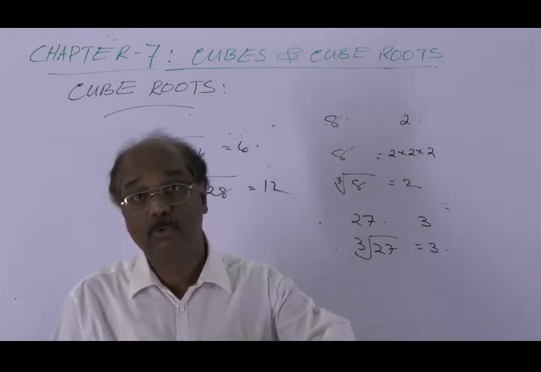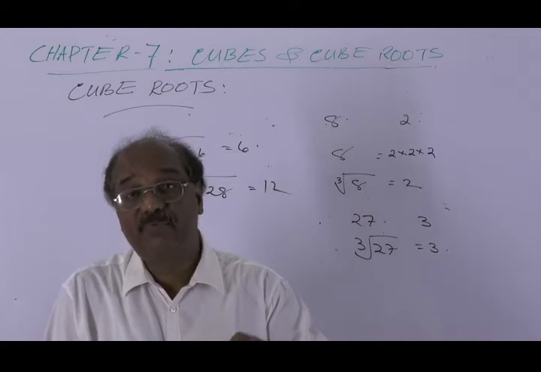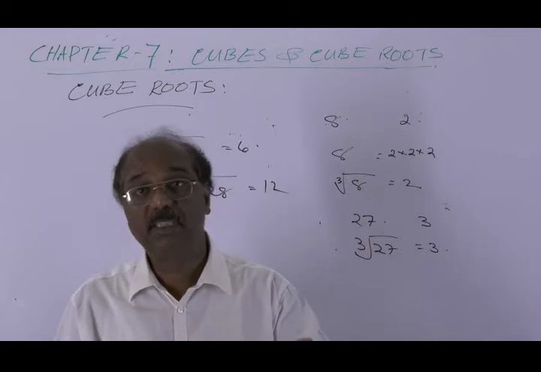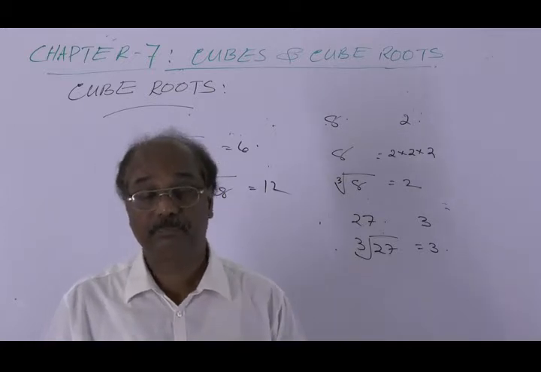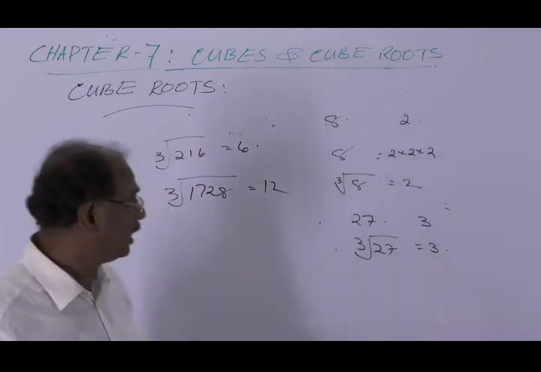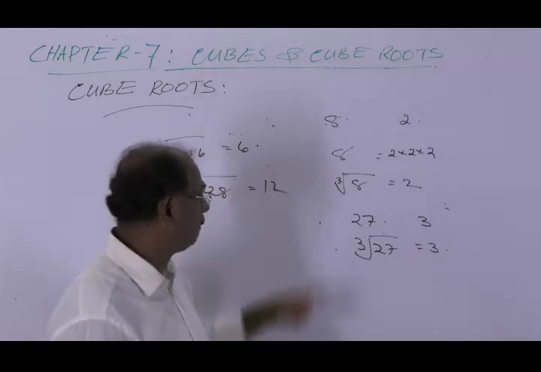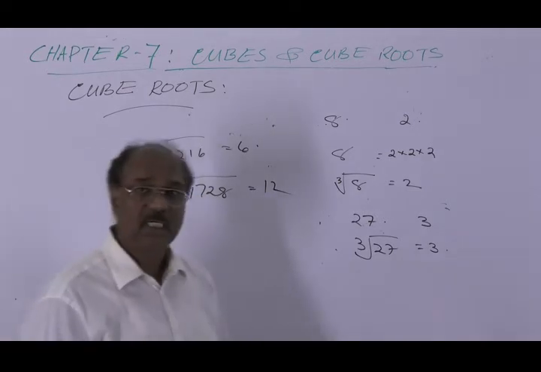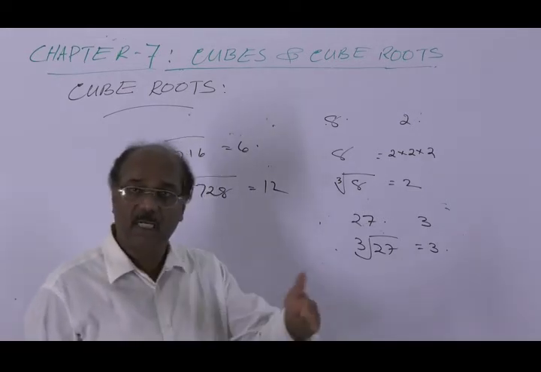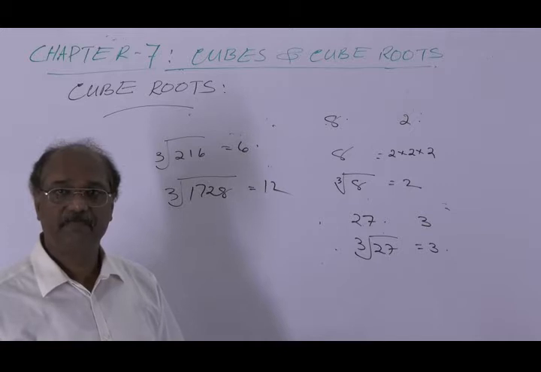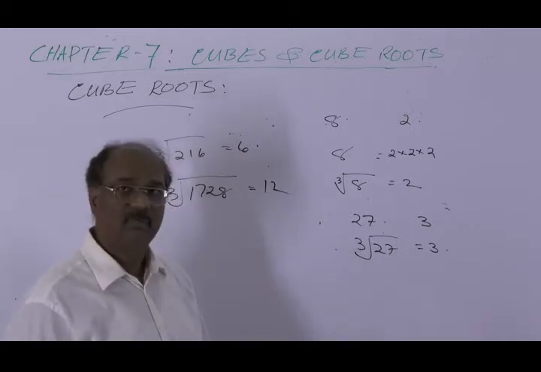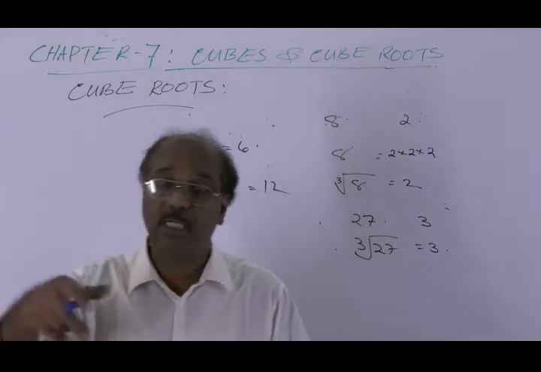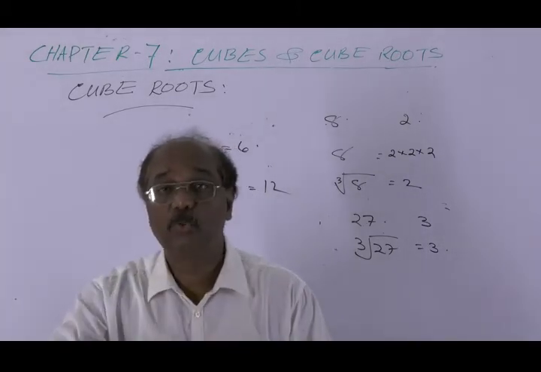And now, how can we find the cube root of a number which is not known? We have already discussed the cases of 8, 27, 1728 in the previous videos, and therefore we know what number when multiplied 3 times gives this number, and we can immediately say the cube root.